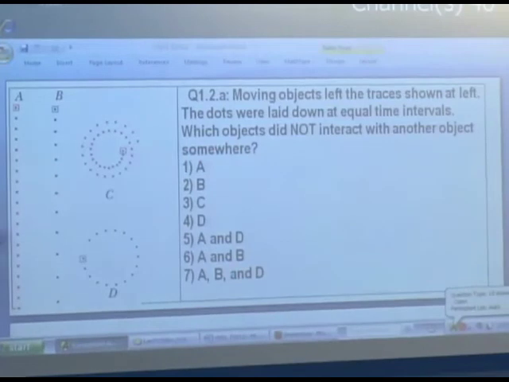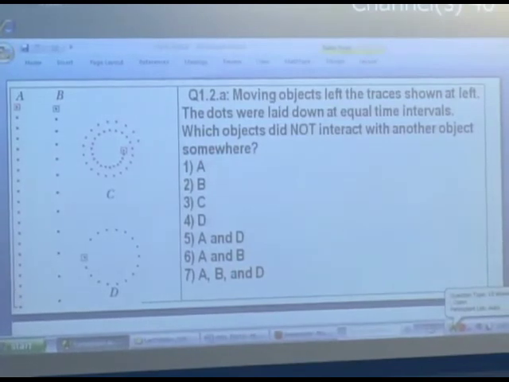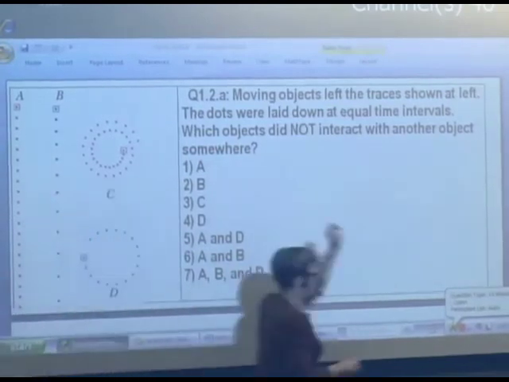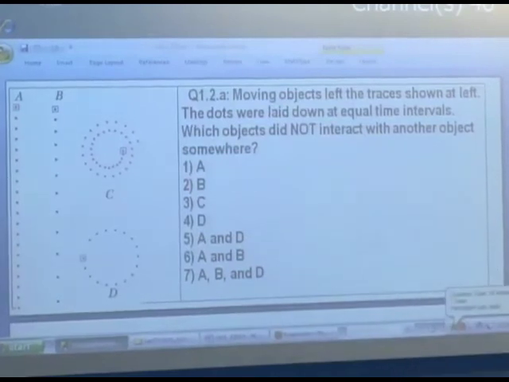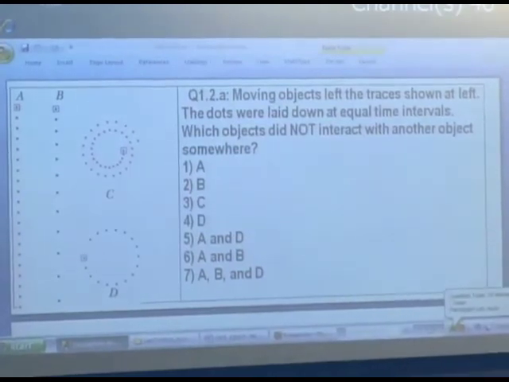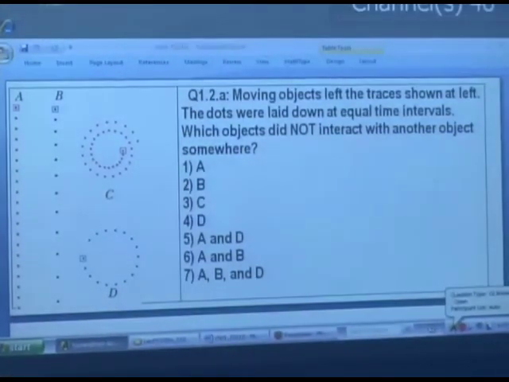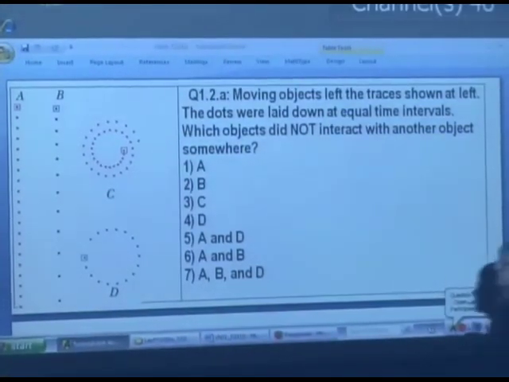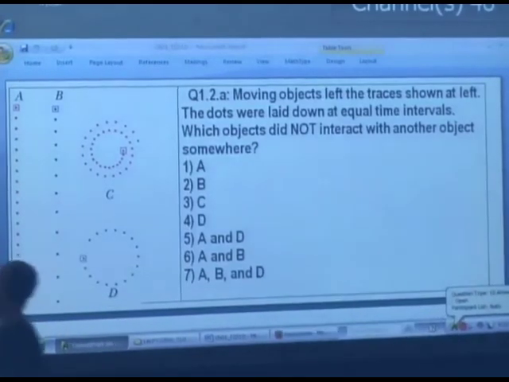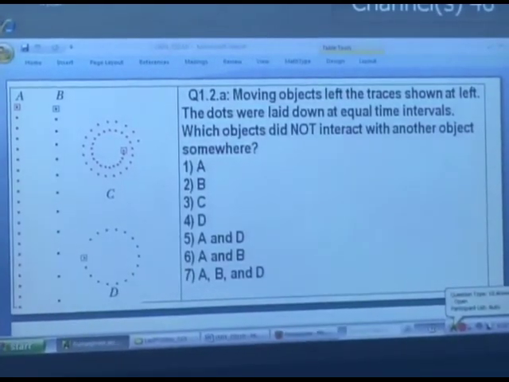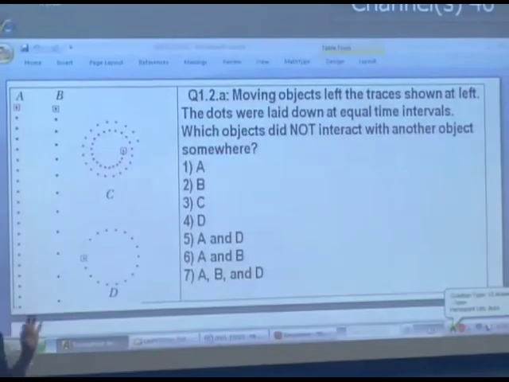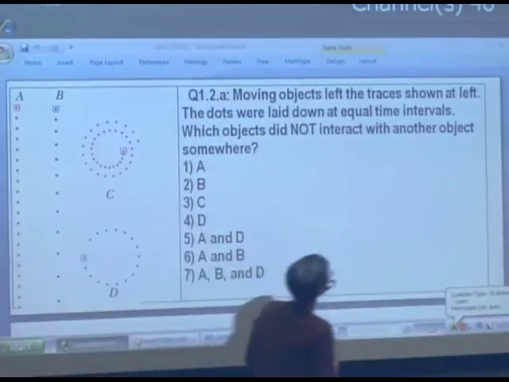So the object moving here left a dot every second. This object left a dot every second. That object left a dot every second. So each object moved along and left a dot in its trail every second. Which objects, can you deduce by looking at these trails, did not interact with something in the surroundings while they were moving?